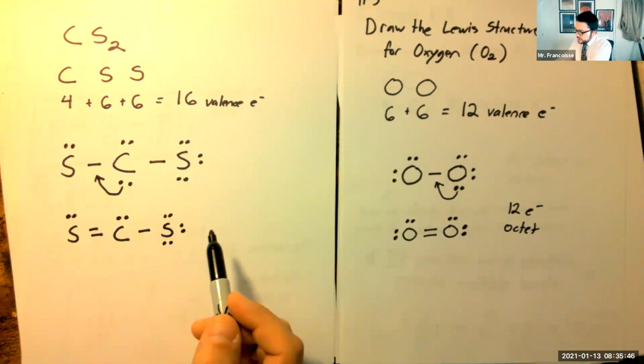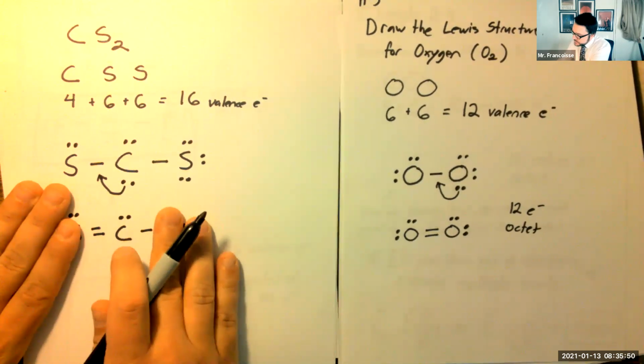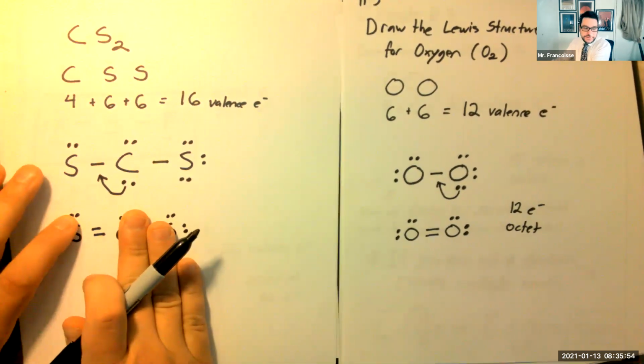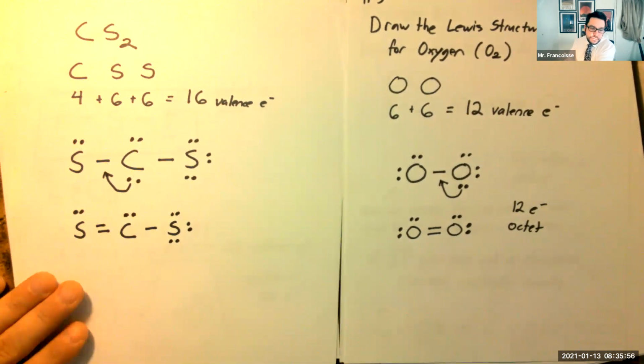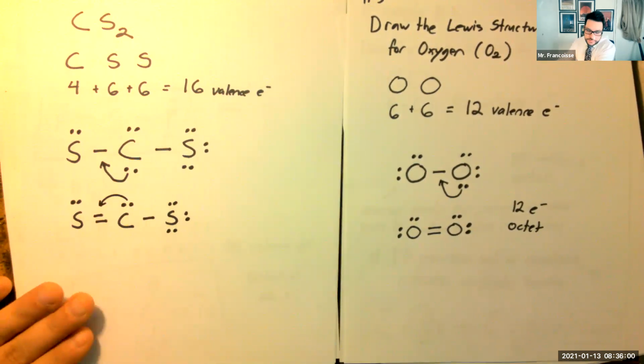So we're not finished yet because this has 2, 4, 6, 8. The center one has 2, 4, 6, 8 as well. And this here has 2, 4, 6. So we can move these electrons here to make another bond.